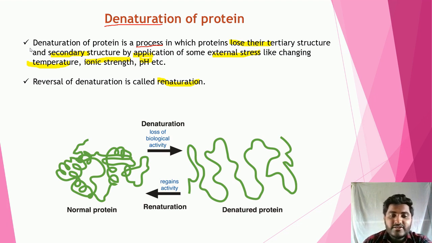Look at here, here it is coiled, but here it has changed its structure. This is the original structure, and this is after denaturation. Due to the change in structure, protein will lose its functioning. Whatever work it did is not done by this denatured protein now. I hope you understood. This is denaturation.